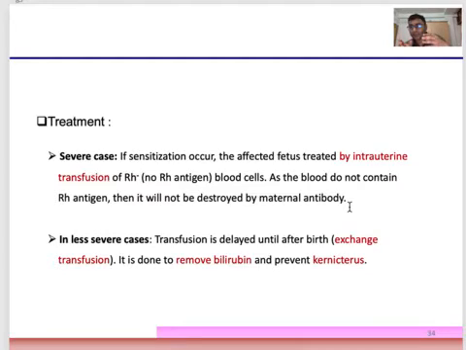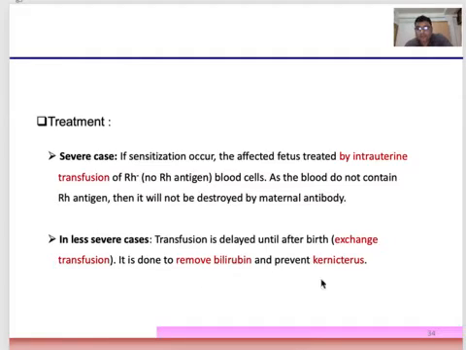So how can we prevent this? We can transfuse Rh negative blood to the fetus, to the newborn baby. If we inject Rh negative blood into the newborn baby, then the baby can survive. This is in a severe case, but in a less severe case, transfusion is delayed until after birth. That is exchange transfusion.